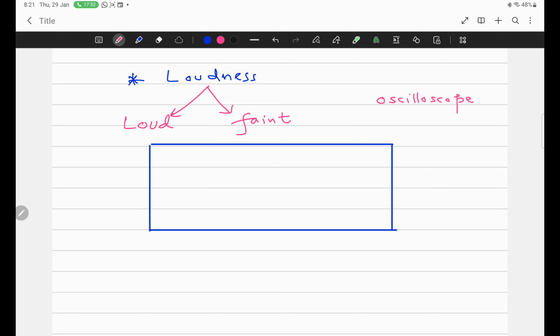If you connect a microphone with an oscilloscope, consider this is a microphone, and this microphone is connected with the oscilloscope, and consider this microphone is detecting sound, and now the sound wave is displayed on the screen. Consider the screen showing like this. This is the trace of sound.